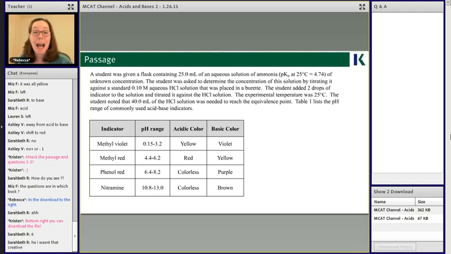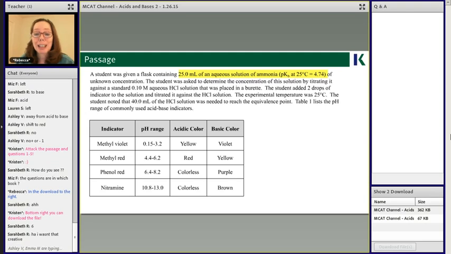Let's start with the passage and look at the information that we're given here. Our student was given a flask with 25 mL of an aqueous solution of ammonia. We're given the pKb, important to notice that, of unknown concentration. Aha! So we're going to figure that out. The student was asked to determine the concentration of the solution by titrating it against a standard 0.1 molar aqueous, what kind of solution?